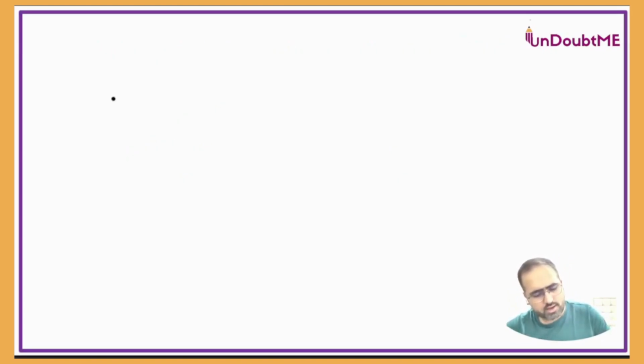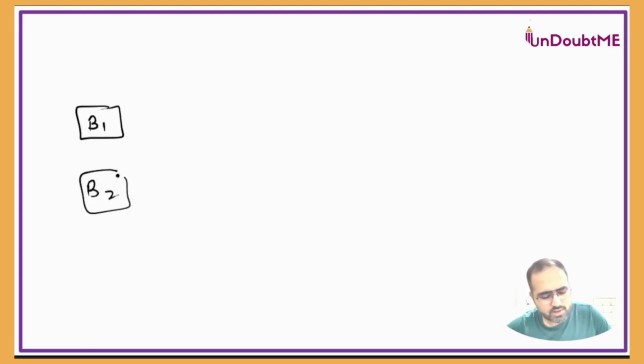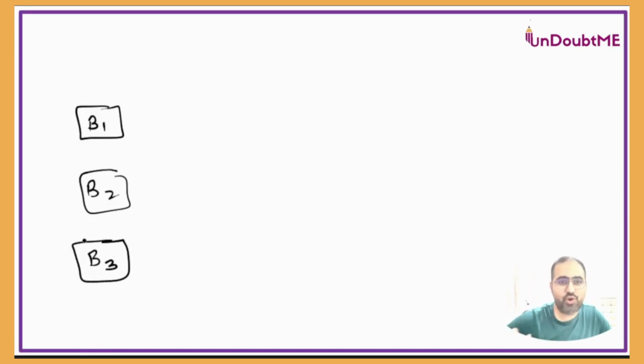So let's say, since schools are starting, we'll take an example of school only. When you have to go to school, in the morning your mom will prepare breakfast. For breakfast, let's say you have been given three options for what you're going to eat. So B1, B2, B3 are three options for breakfast. You can imagine whatever you want. Now let's say you have two tiffin boxes.